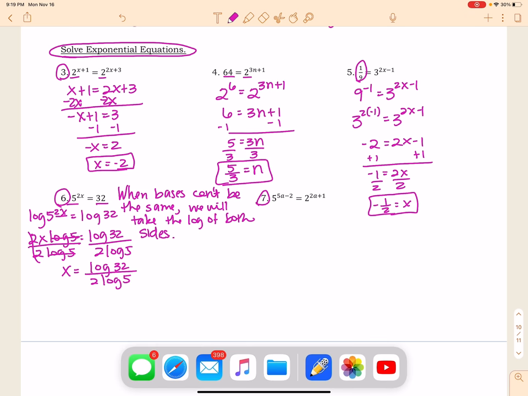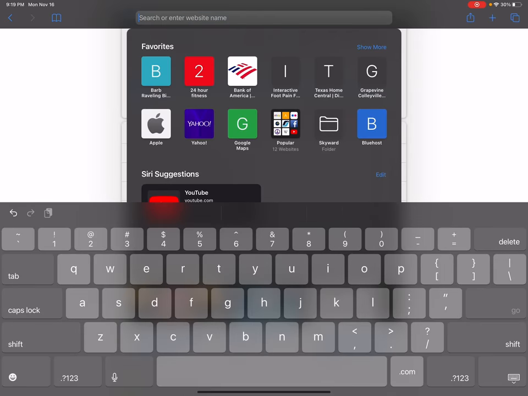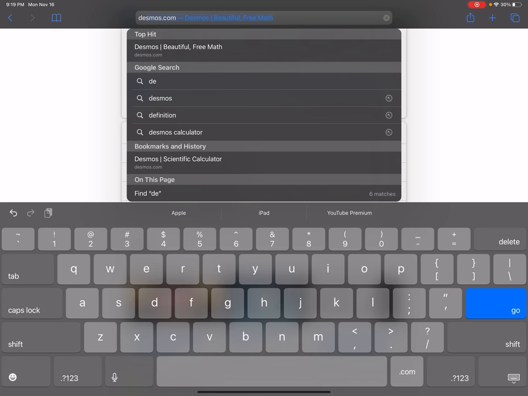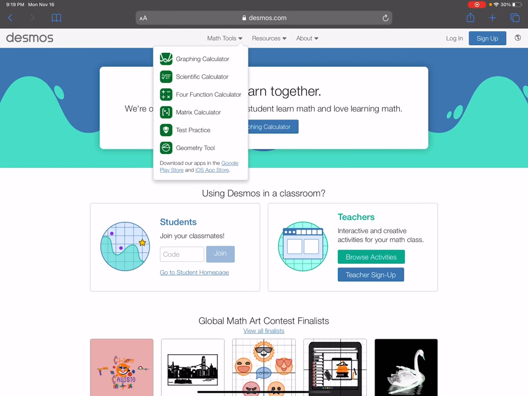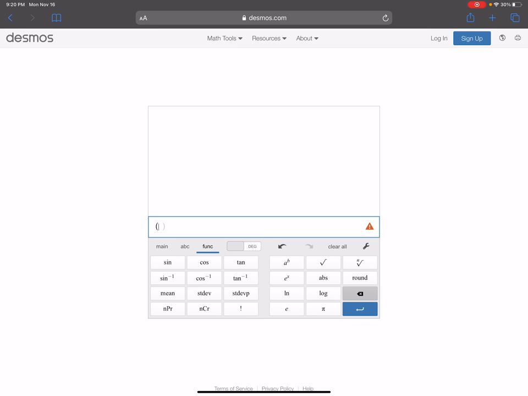So let's go to the handy dandy internet, and we will type in Desmos, and we will go to our scientific calculator. We're going to use some parentheses here. I'm not sure if we'll need them, but we'll see.